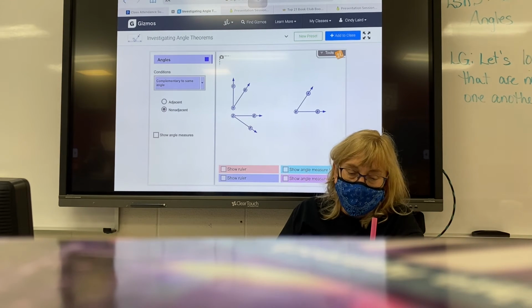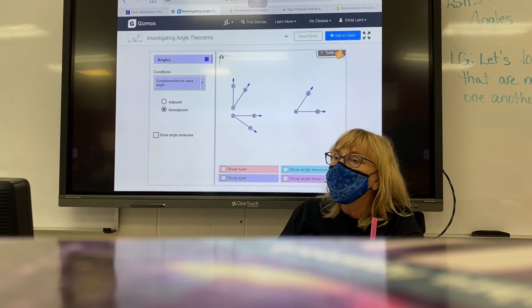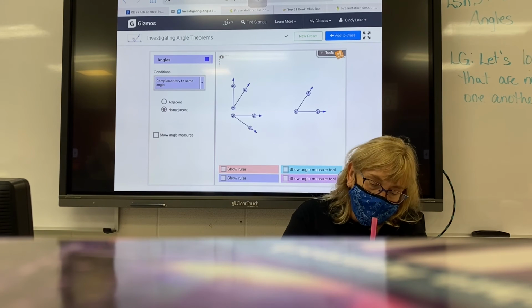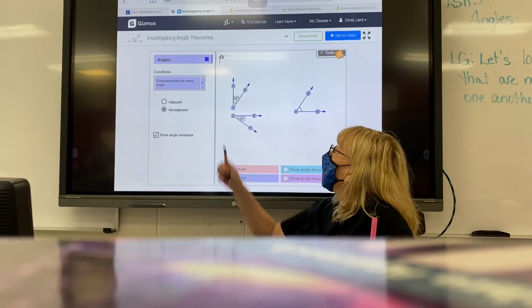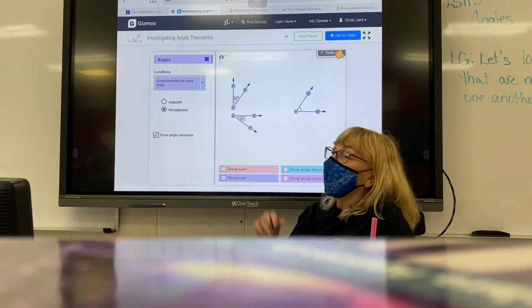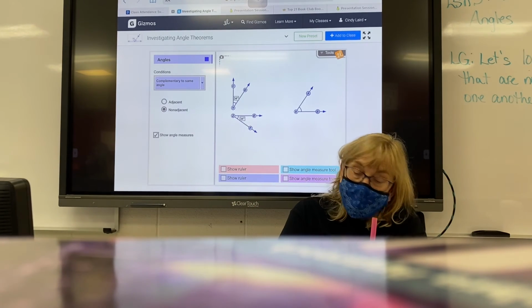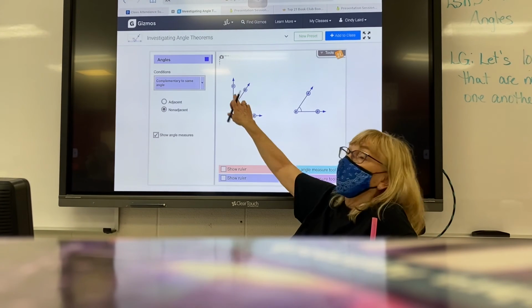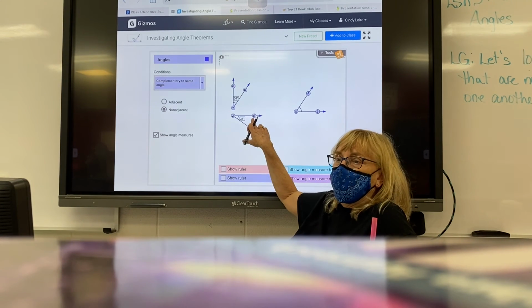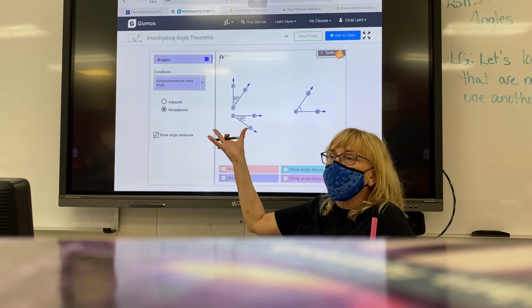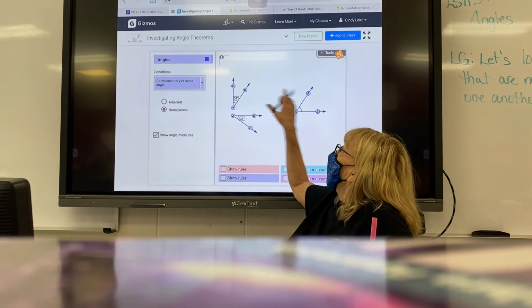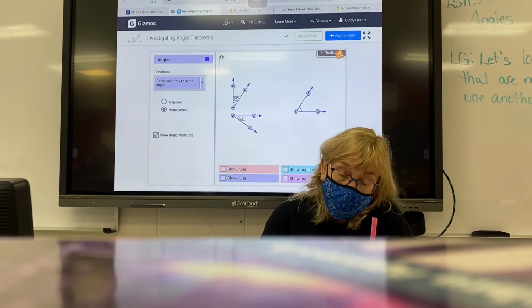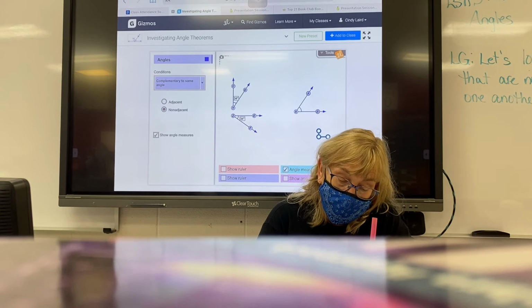Complementary angles sum to 90. Okay? So I'm telling you this angle is 34. This angle over here is complementary to both of these, because these are just the same angle, but they are rotated differently.